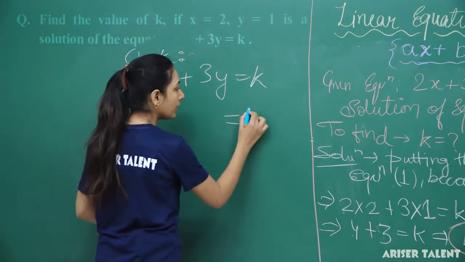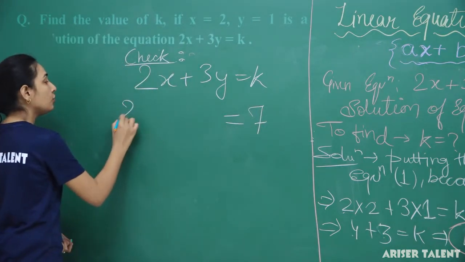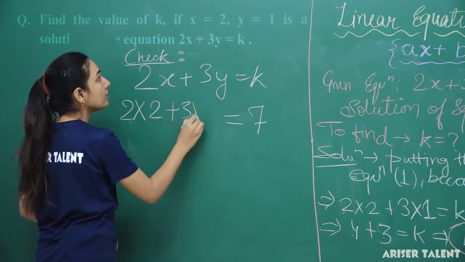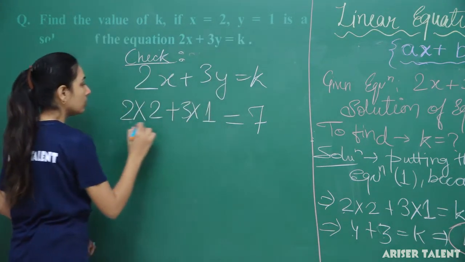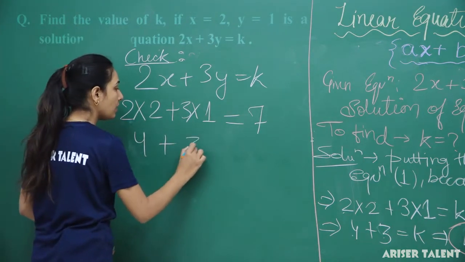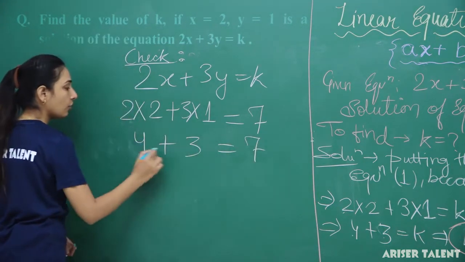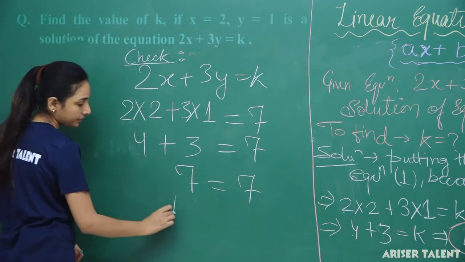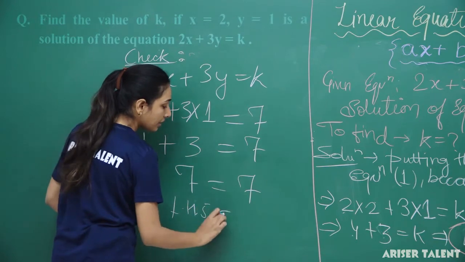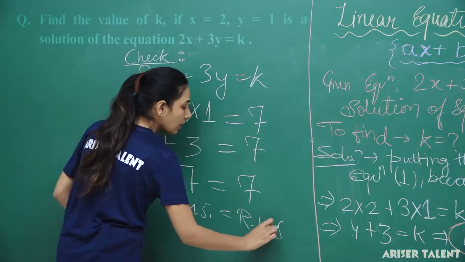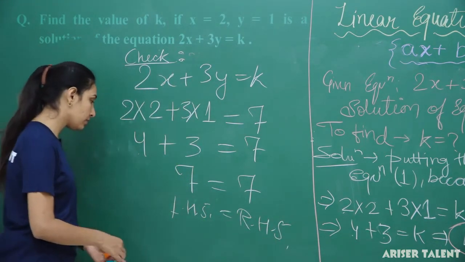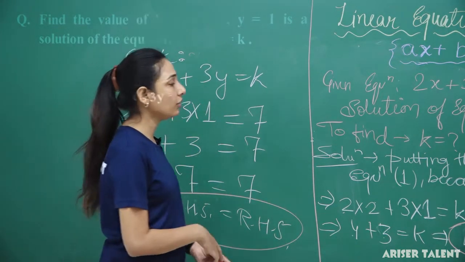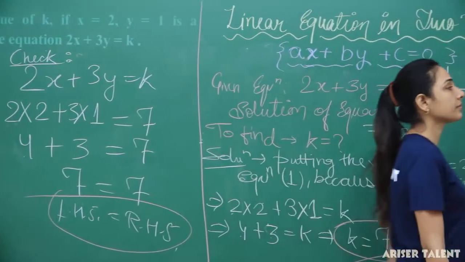The value of k is 7, the value of x is given 2 and the value of y is given 1. So that should be 4 plus 3 equals 7. So 7 equals 7. That means LHS equals RHS. That means yes, you got the right value of k. Note it.